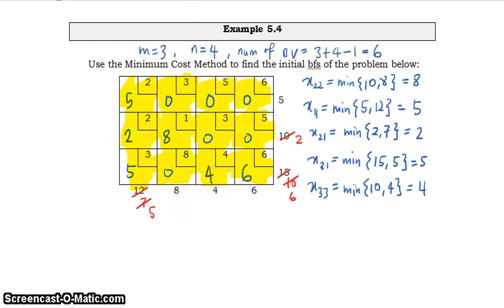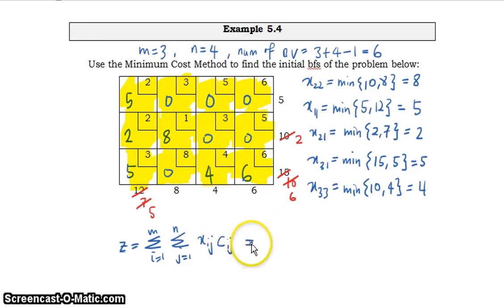To calculate the value of Z, we multiply the value of Xij and its cost. We know our objective function is Z equals the summation of i from 1 until M and j from 1 until N of Xij times Cij.